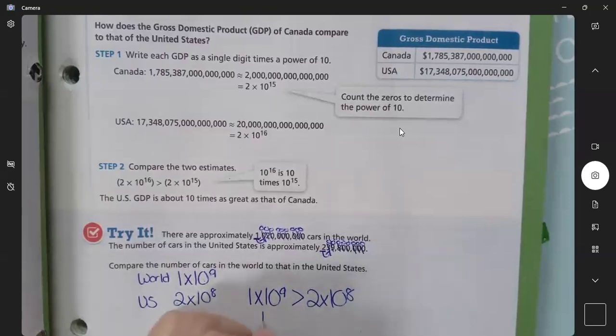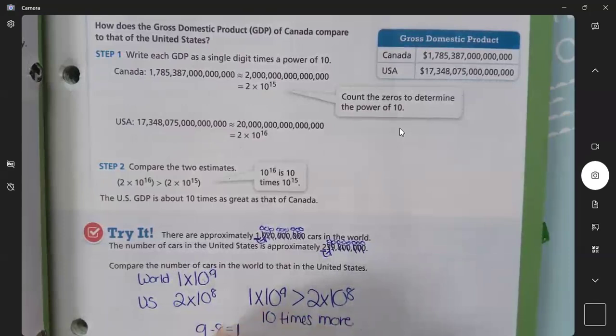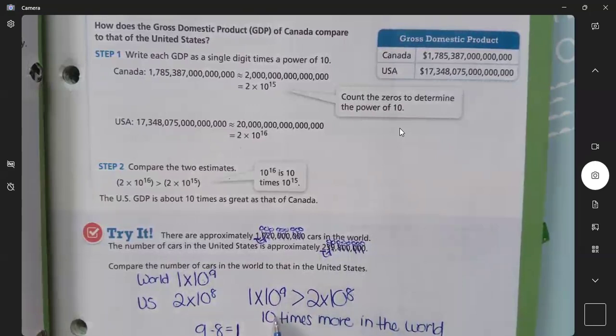So there are about 10 times more in the world. So you simply say, what's the difference, subtraction, between these two exponents, and then multiply that by 10. So there's about 10 times more in the world than there are in the US.